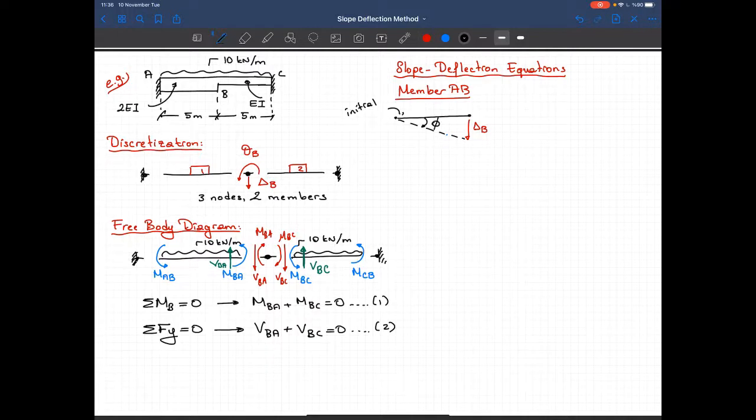That's the phi angle, right? So this is a clockwise rotation, but we derived the slope deflection equation assuming that the chord rotation is counterclockwise. So my phi angle becomes equal to minus delta B divided by the length of the member, because it's a clockwise rotation.